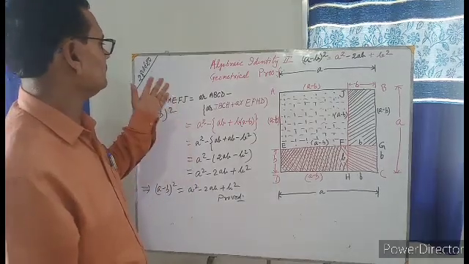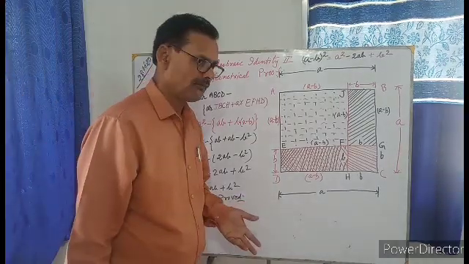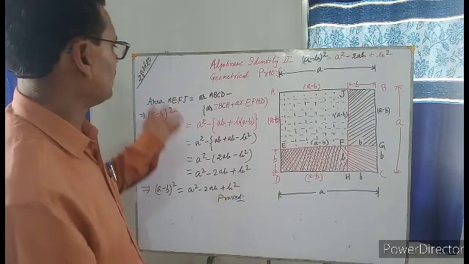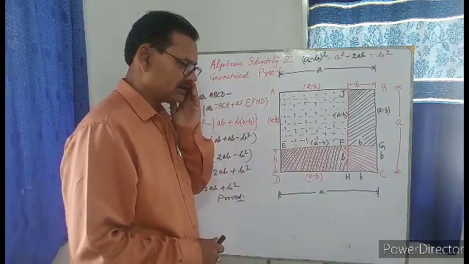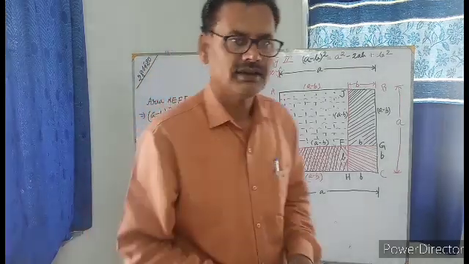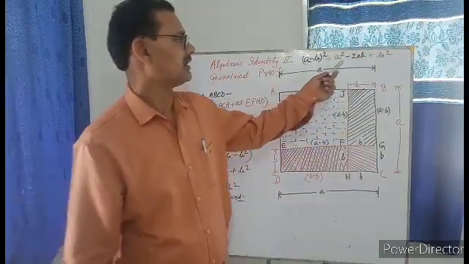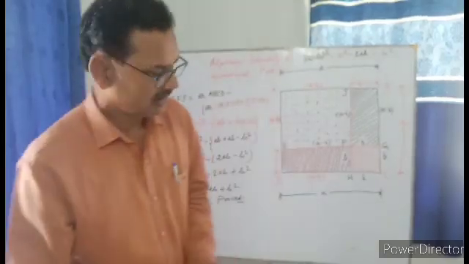Today I am going to give you the geometrical proof of the algebraic identity 2, that is (a − b)² = a² − 2ab + b².